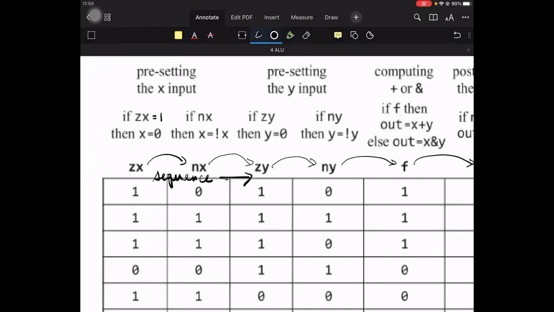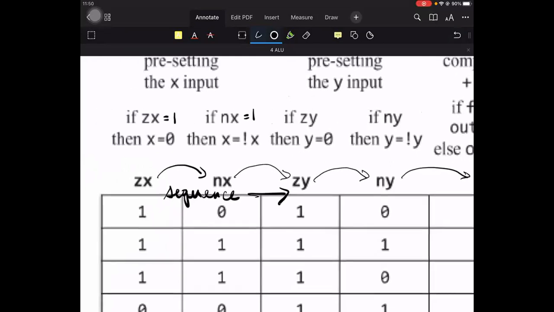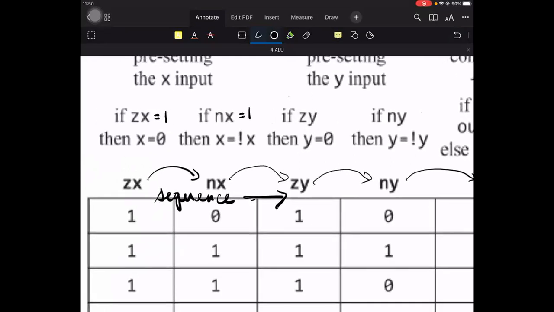Next, what if NX is also 1? Then what it does to the X input is invert it. Exclamation point, invert. So what if both ZX and NX are 1? Just like this opcode, if our original X is arbitrary, like 1, 0, 1, 1, 0, 1, just an example, it converts it to 0, 0, 0, 0, 0, 0.